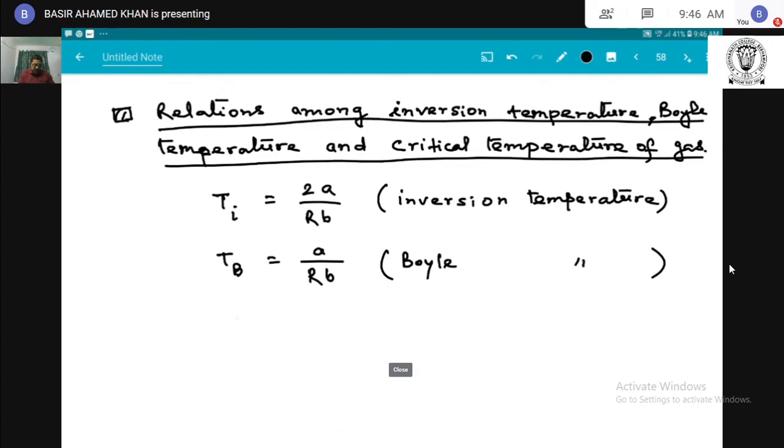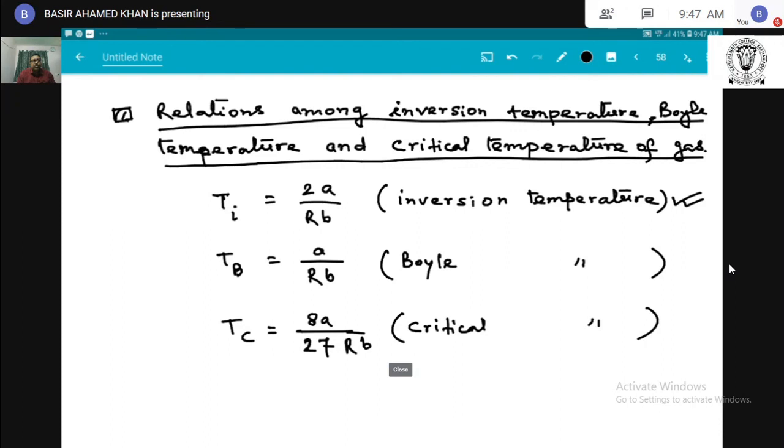Critical temperature TC equal to 8a by 27Rb. Critical temperature means above which the gas cannot be liquefied by applying pressure alone.